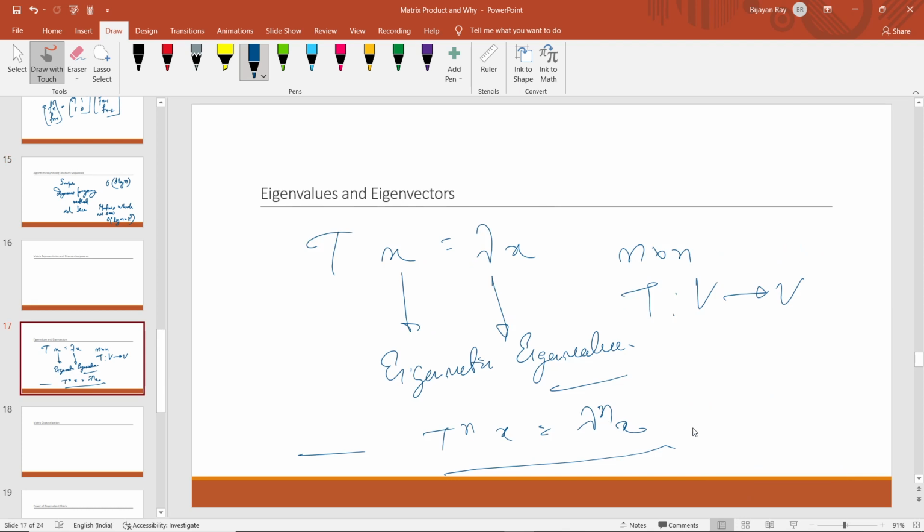For example, rotation matrices don't give eigenvectors, except for 180-degree and 360-degree rotations, you can't get any vector where T of x is equal to lambda x. Well, actually, you can get it if you do not restrict the scalar field to the reals.